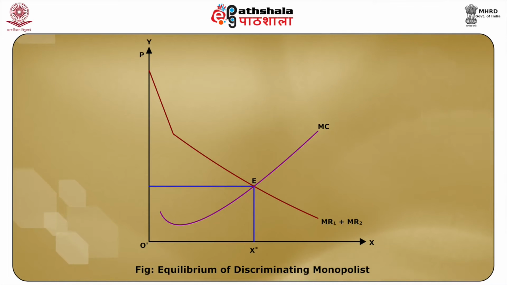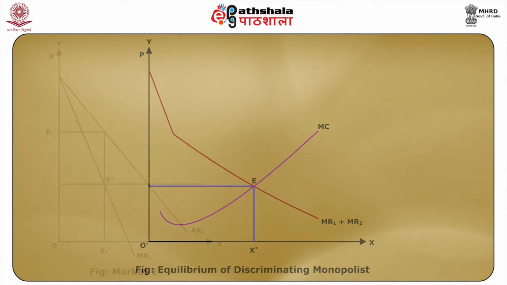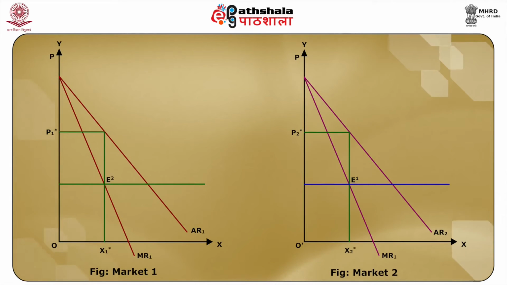The combined MR and MC curves intersect each other at point E. The figure indicates that at points E1 and E2, marginal revenue 1 is equal to marginal cost and marginal revenue 2 is equal to marginal cost respectively, which satisfy the condition of profit maximization for a discriminatory monopolist.